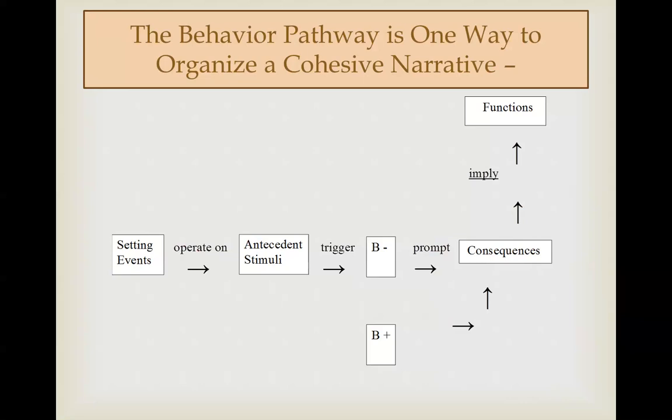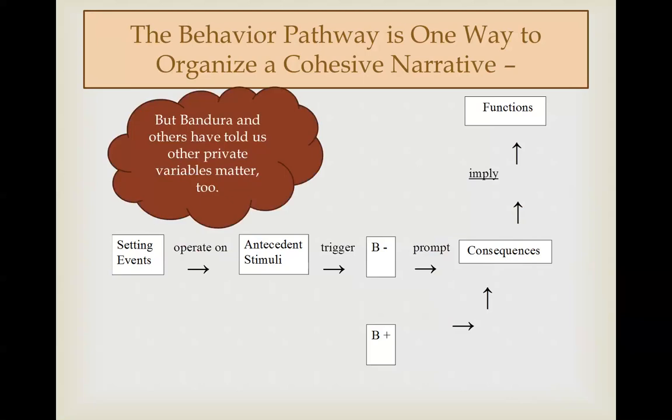So this individual does these behaviors under these conditions to get this reaction that serves that function. That's one cohesive narrative. But Bandura and others have told us other private variables matter too.